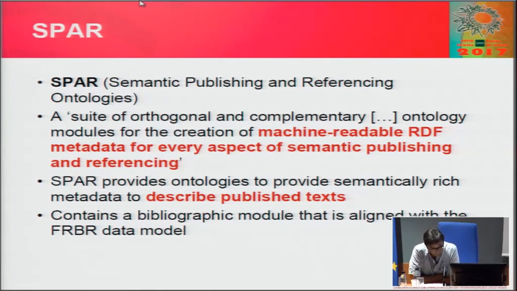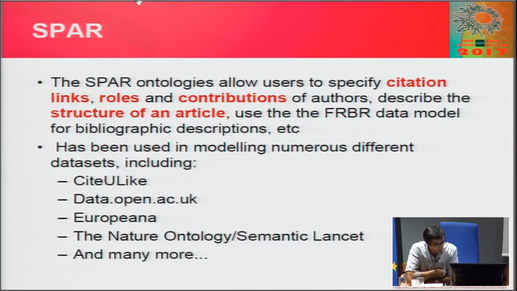They have in mind every aspect of semantic publishing and referencing, and so SPAR gives you a host of ontologies which enable you to create semantically rich metadata for describing published text. One of these ontology modules is a bibliographic module that's aligned with FRBR.